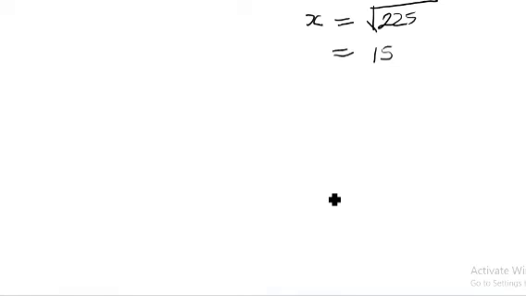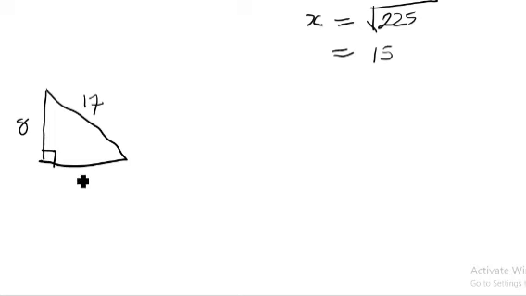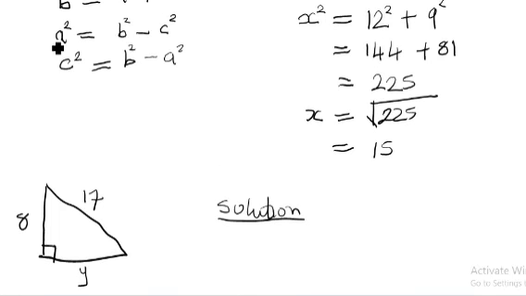Let's assume we have another triangle of this form. Here is 8, here is 17, and here let's call y. Then we have to find y. Solution. Let's apply the same approach. This one and the previous one look similar.